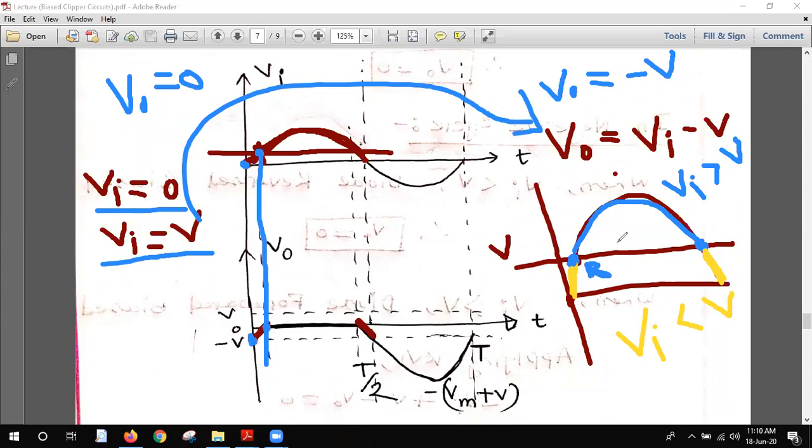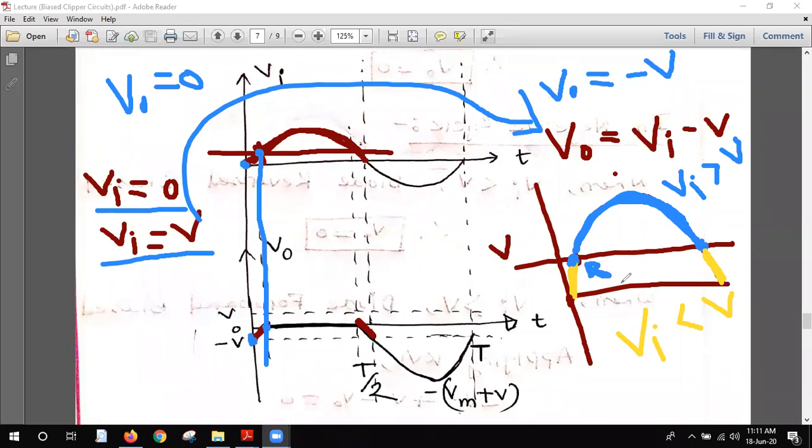And in the reverse biased portion, till this portion, this is reverse biased. So there will be no current, as I discussed, so the output will be 0. The output will be totally 0.